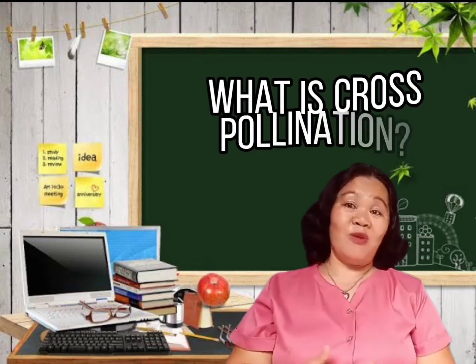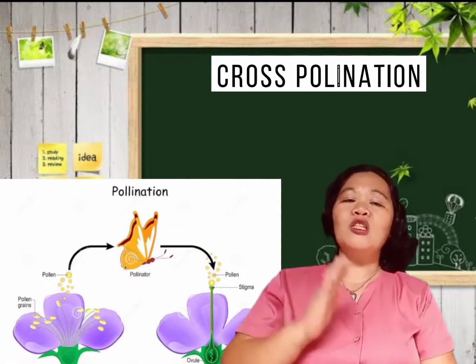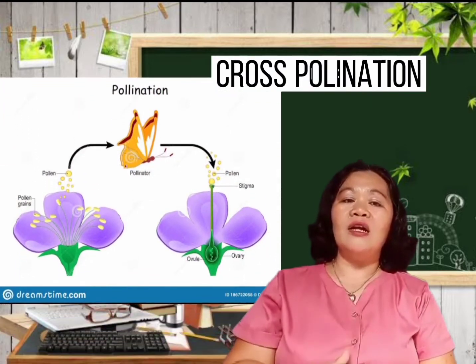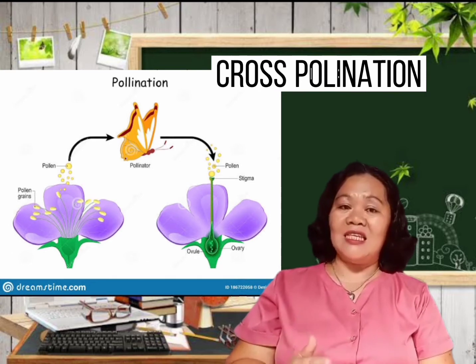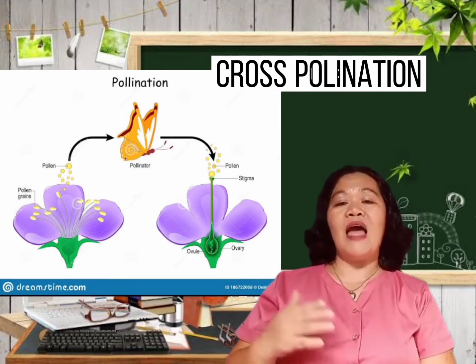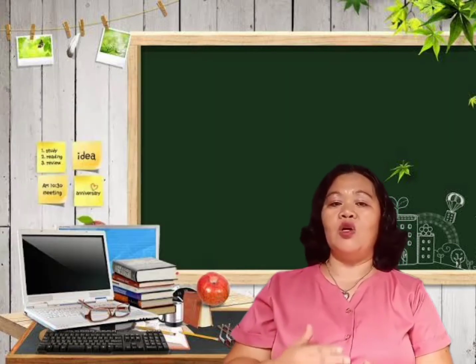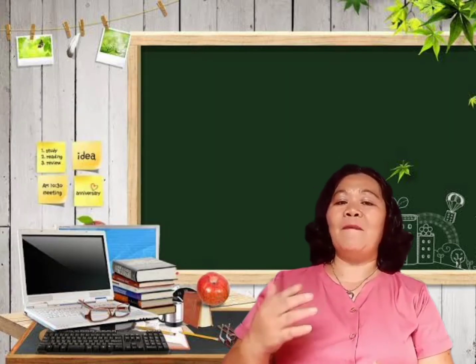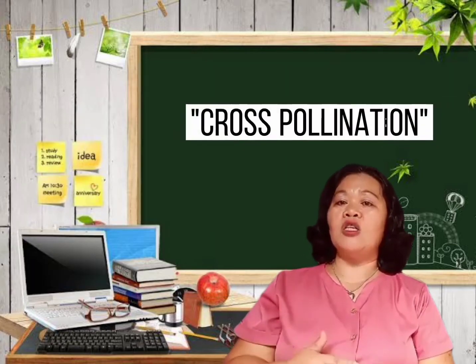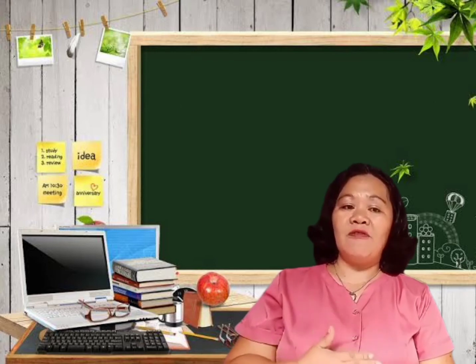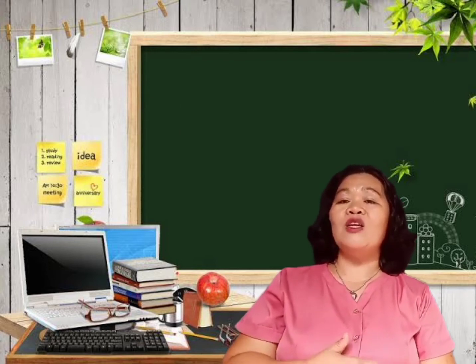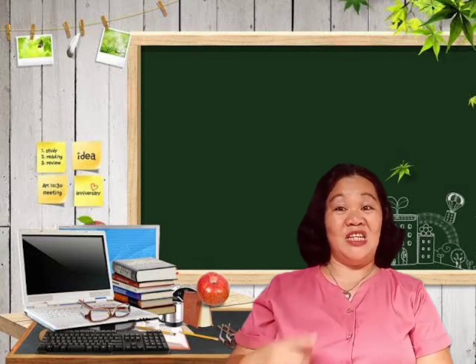What is cross-pollination? Cross-pollination occurs when pollen grains transfer from the anther to the stigma of a flower of another plant. So that is cross-pollination, transfer from a flower to another plant. Did you get it?